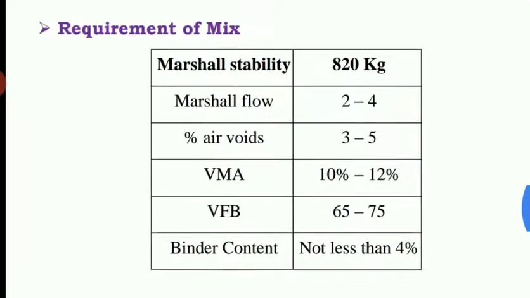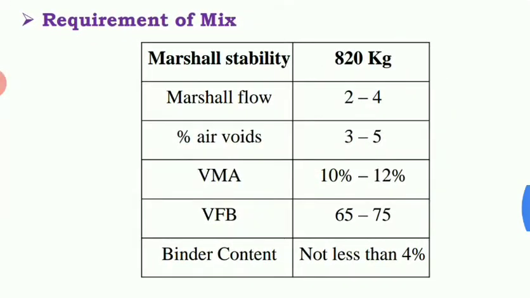And now the requirement of mix. Here we have certain mix proportions based upon the stability of the bitumen. If the stability of the bitumen is more, then we can use it in a lesser content, so that particular quantity of bitumen can achieve certain strength as well as the binding property for the aggregates.